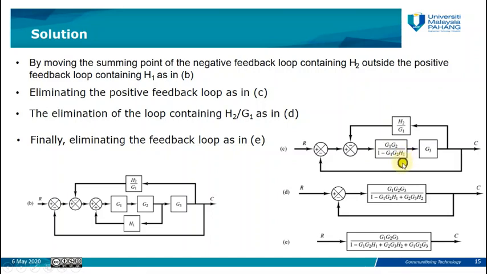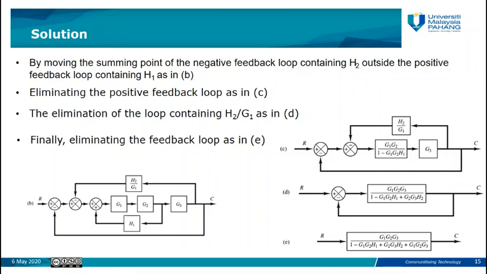So this is the block diagram, the new feedback system, the equivalent transfer function of the feedback. And this new transfer function is now in series, or in cascade, with G3. So these two can be combined in cascade. The new transfer function will be G1, G2, G3 over 1 minus G1, G2, H1.